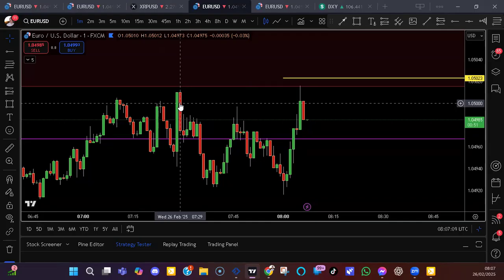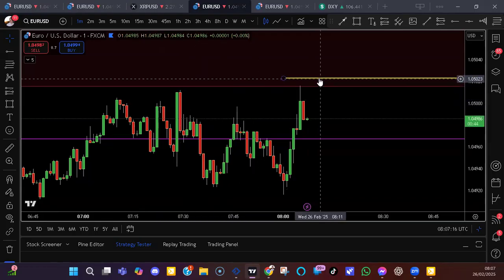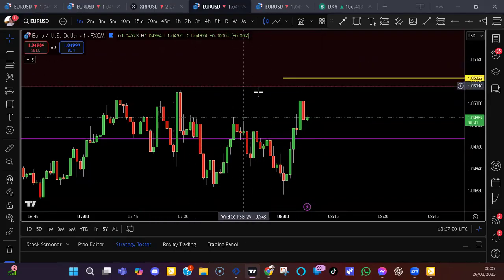So these areas are psychological areas that need to be drawn up sometimes, but we already know that. We got our sell zone here, our imbalance here.